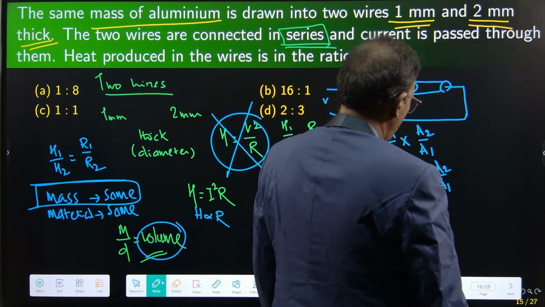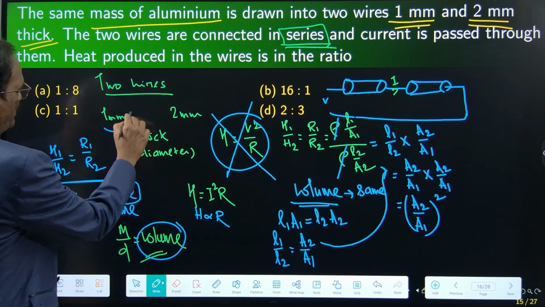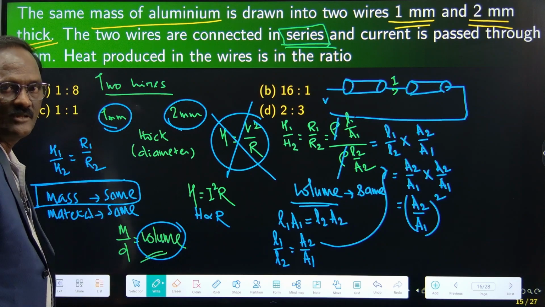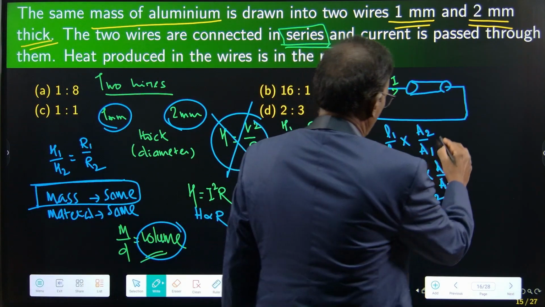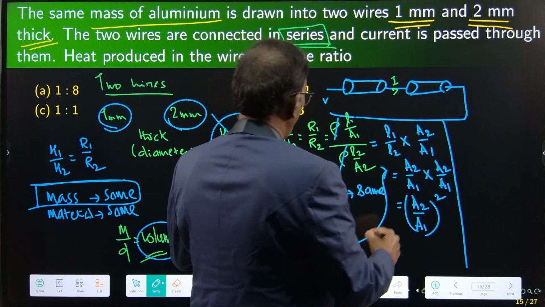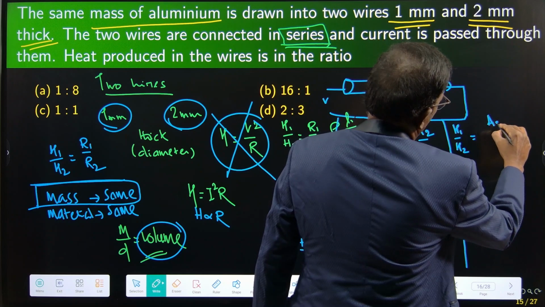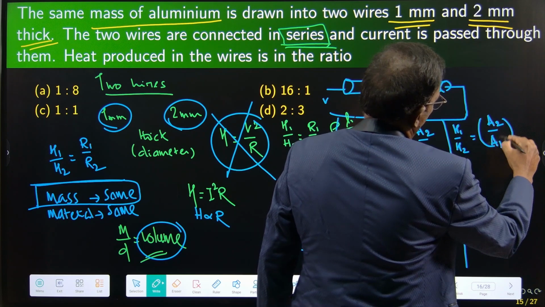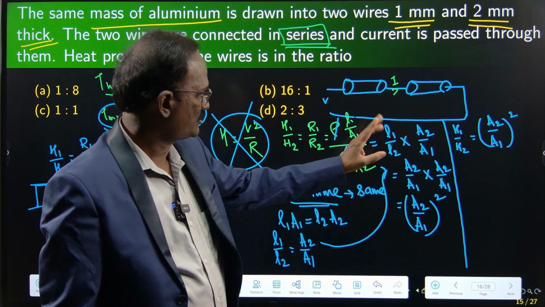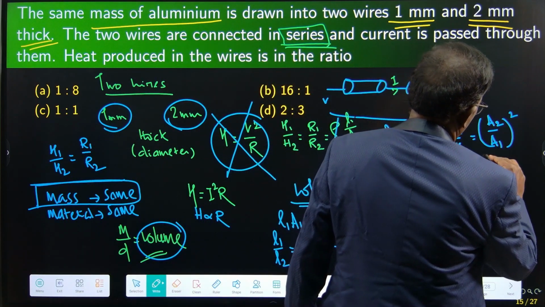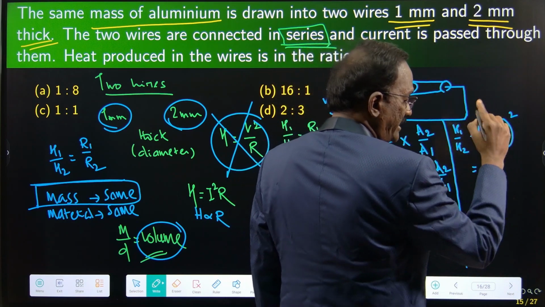The diameter is available, thickness 1 mm and 2 mm, so we will find the area directly. H1 by H2 is equal to A2 by A1 square. A is pi by 4 D square.